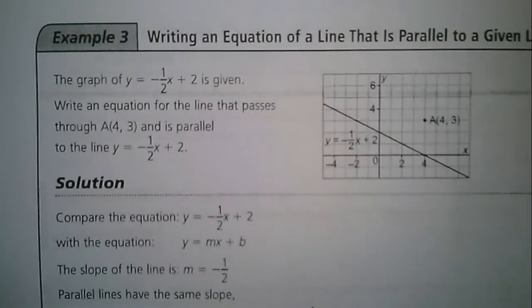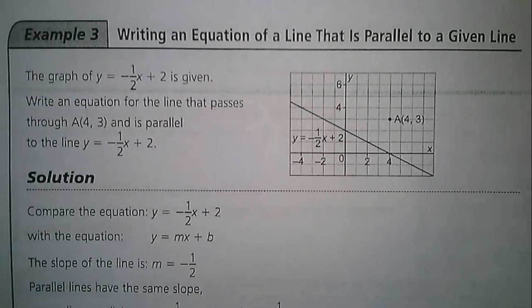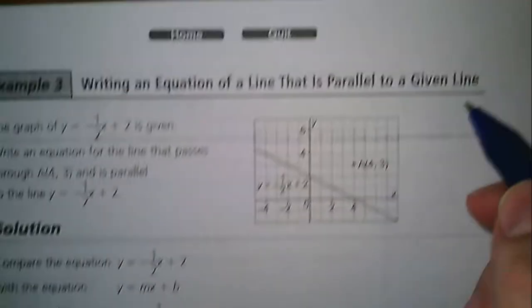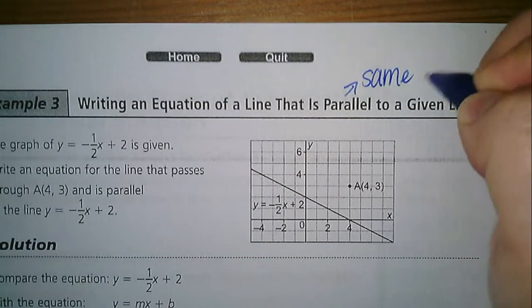So now it's bringing in what we've learned in previous lessons. I believe this was lesson 6.2 on parallel, and then we'll look at perpendicular lines. So if you remember, lines that are parallel have the same slope. So I'm just going to remind you, if they're parallel, that means they have the same slope.